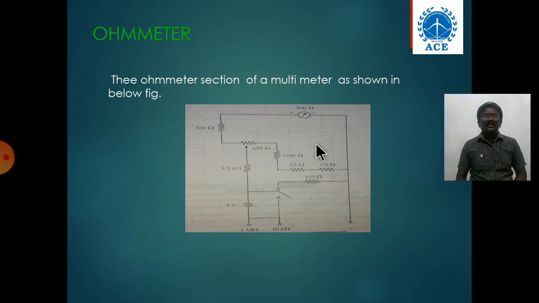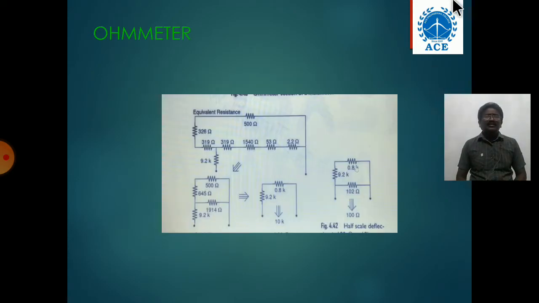It has one PMMC meter and a combination of some resistances. Now you have to simplify the resistances like this.